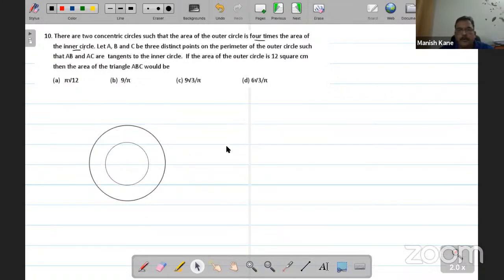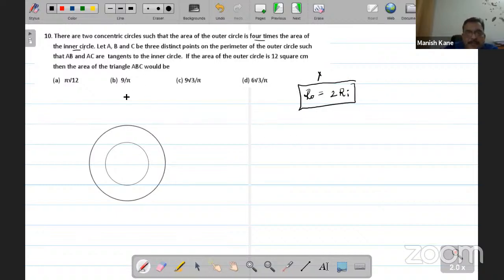Okay, so I hope you can see two concentric circles. What else is given to you? The area of outer circle is 4 times the area of inner circle, which means RO, the radius of the outer circle, must be 2 times the radius of the inner circle. If the area is 4 times, the radius must be 2 times.